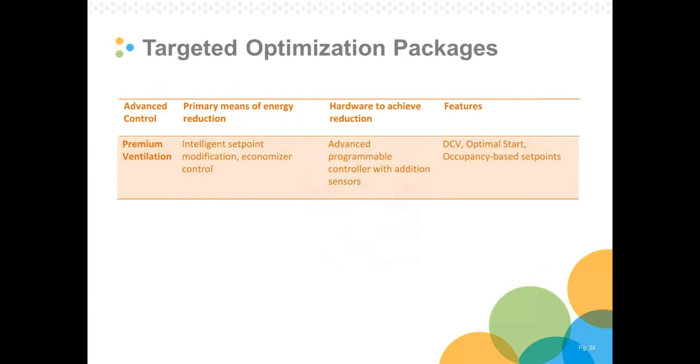This is a package that is generally just the optimization of the economizer, the set point, and meeting the needs of the space. And it's done in a way that uses an intelligent thermostat that has the capabilities of taking over the control of the economizer and measuring much more information about the space.